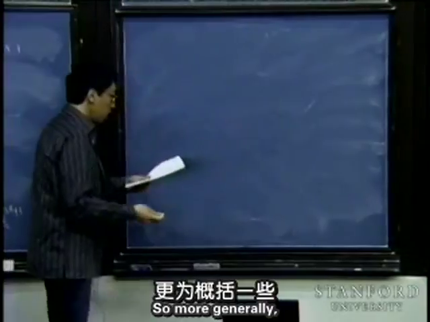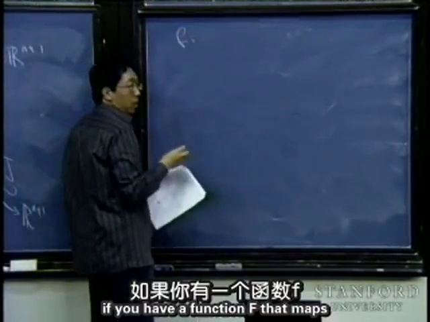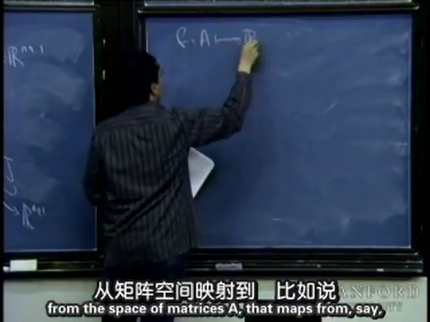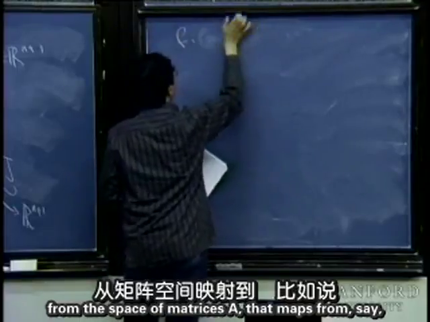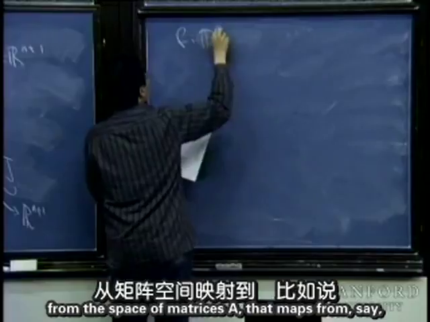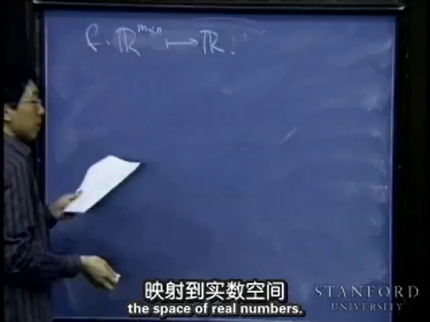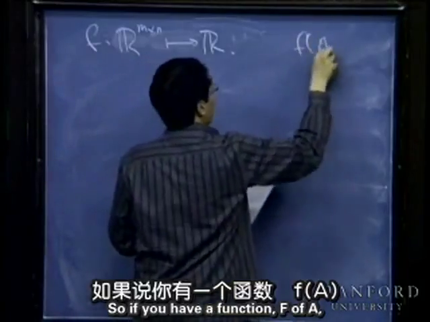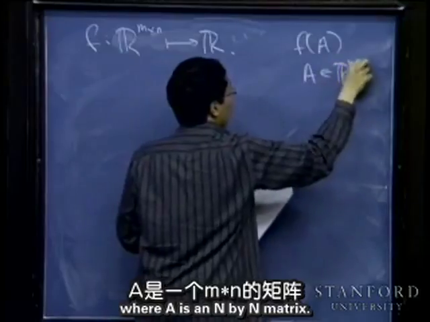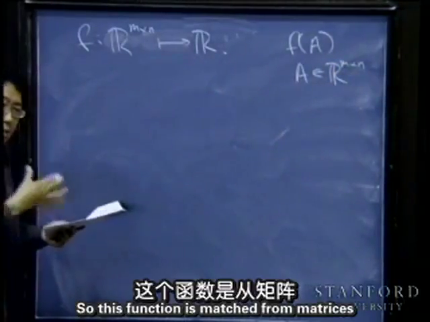So more generally, if you have a function f that maps from the space of n by n matrices to the space of real numbers, so if you have a function f of A, where A is an n by n matrix, so this function maps from matrices to real numbers.